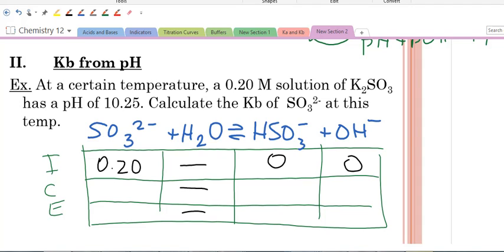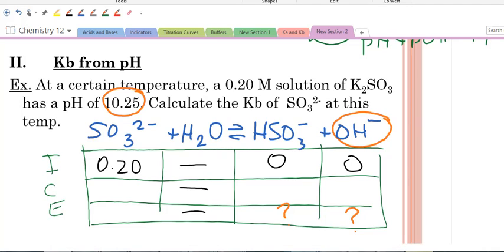So now we just need to find out what our change is, which we could if we knew the values here or here. But in this case, we can do that because we will know our final concentration of our hydroxide ion because we were given the pH.